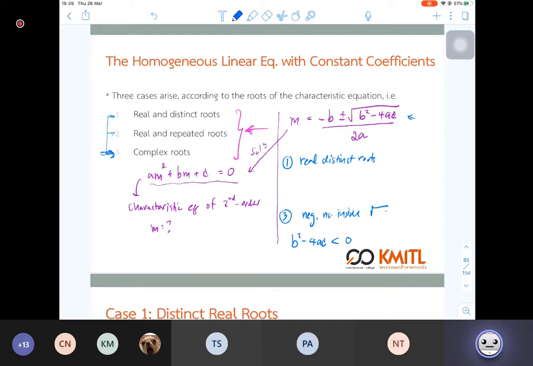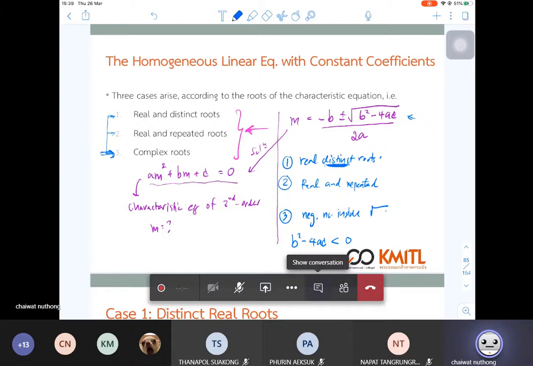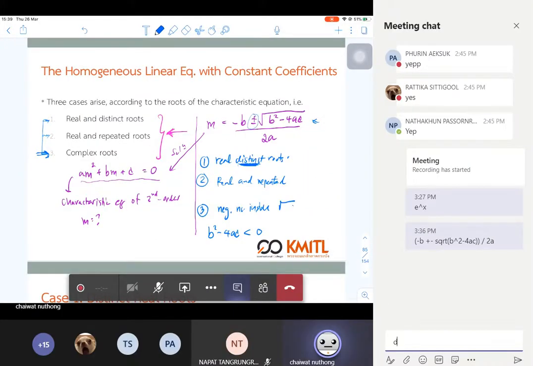So what would be the other two? The first one, you have distinct. Distinct means not the same, right? And you got plus minus here.